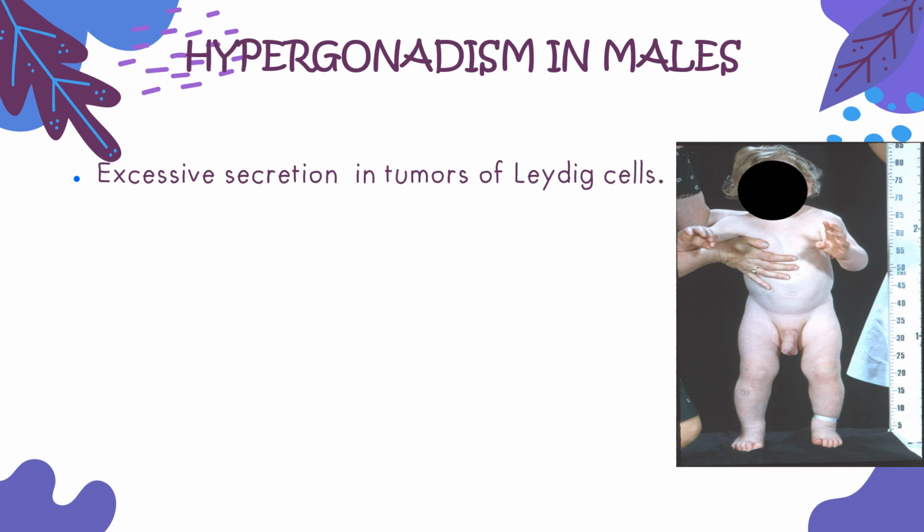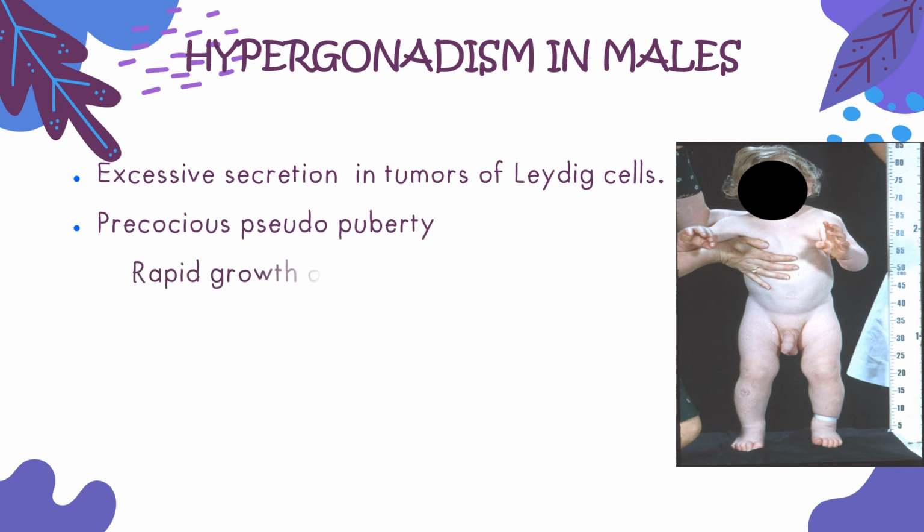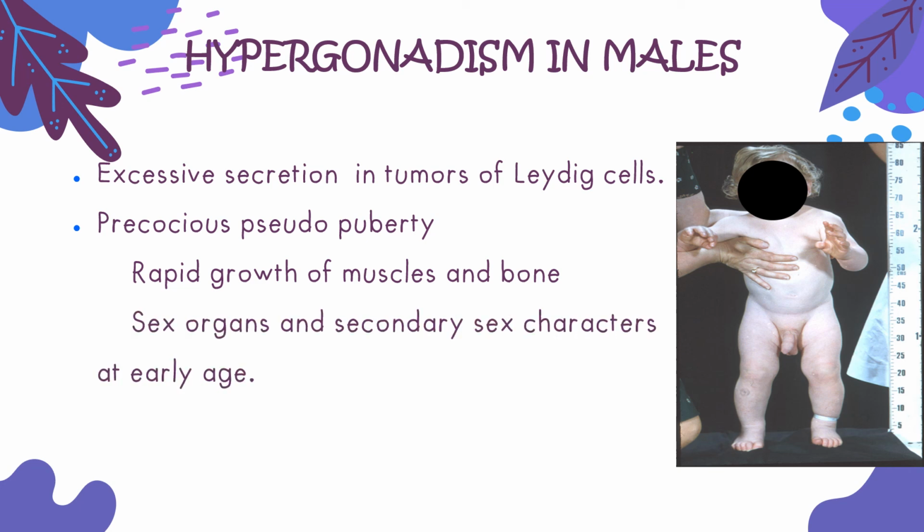Hypergonadism in males results from excessive secretion of male sex hormones in case of a tumor in the Leydig cells. Occurrence of tumor of Leydig cells is common in prepubertal boys who develop precocious pseudopuberty, which is characterized by rapid growth of musculature and bones.